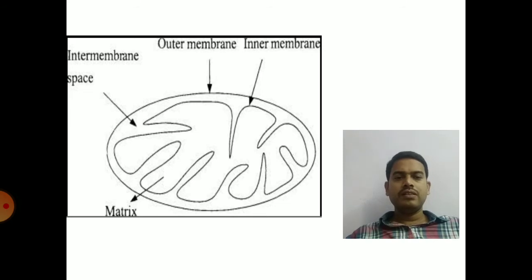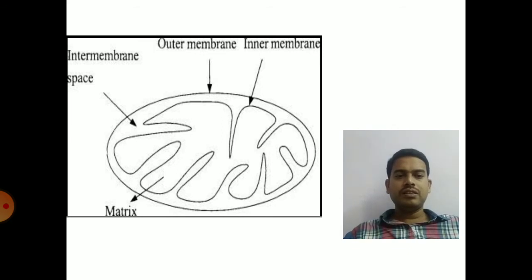So there will be outer membrane and inner membrane, and the space present in between the two membranes is called intermembrane space. So these parts are very important in electron transport chain: outer membrane, inner membrane, and intermembrane space. And the space inside the mitochondria is called matrix.